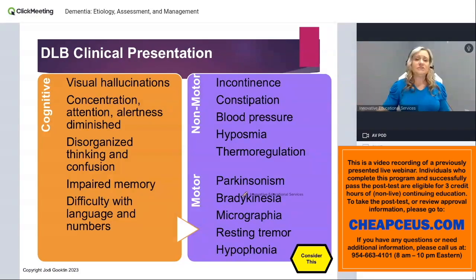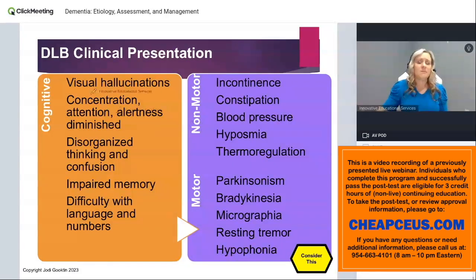The clinical presentation for someone with dementia with Lewy bodies, this is a very aggressive disease course. As it spreads through all those different brain areas that we looked at, it may be mild initially for that individual where they're still functioning fairly normally, but then in the later stages, they become dependent very quickly.